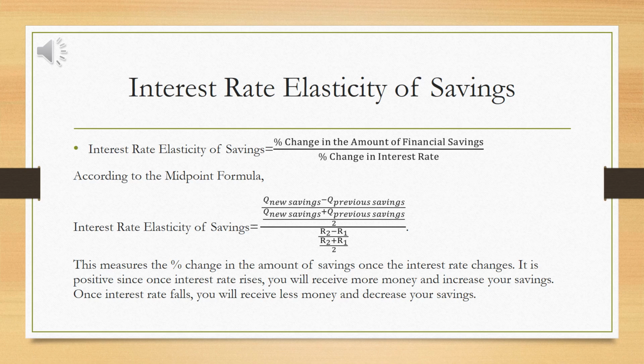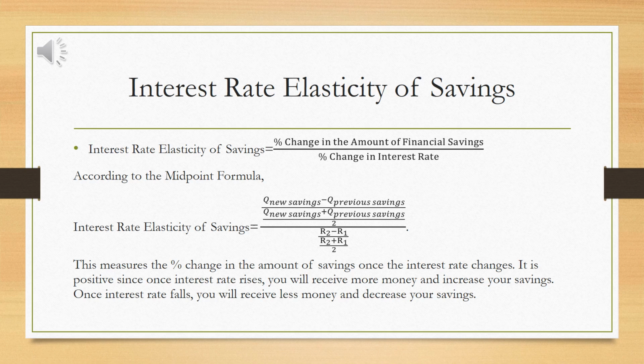Interest rate elasticity of savings equals the percentage change in the amount of financial savings over the percentage change in interest rate. According to the midpoint formula, interest rate elasticity of savings equals the new amount saved minus the previous amount saved, divided by half the sum of both amounts saved, over the new interest rate minus the old interest rate, divided by half the sum of both interest rates.